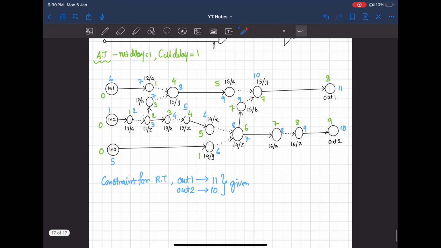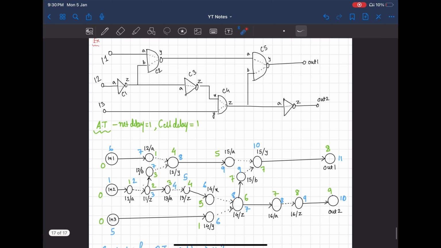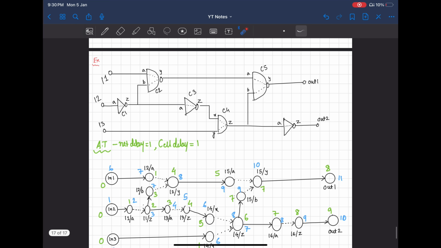I think by this example you will understand how to represent one combinational data path in a timing graph.